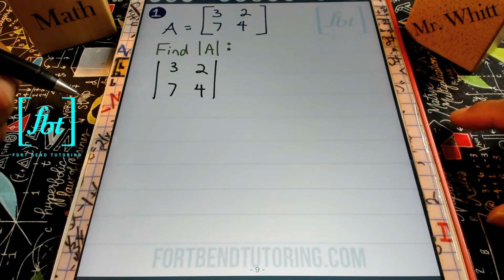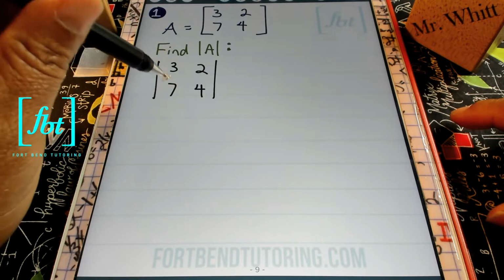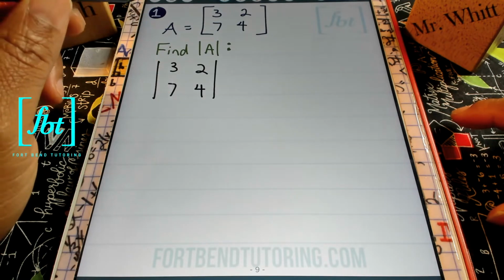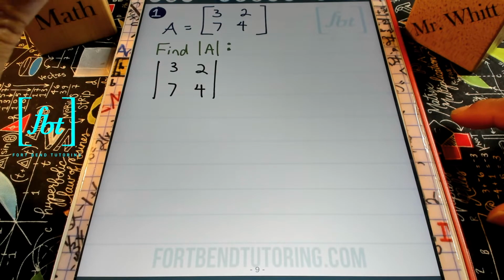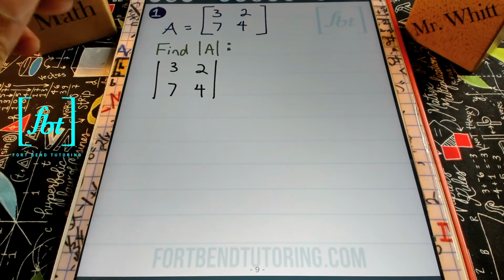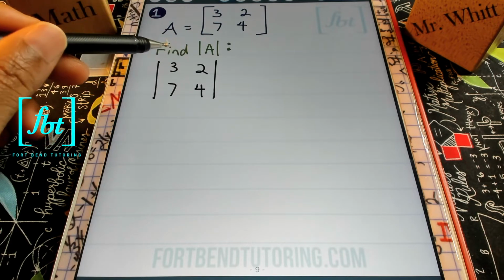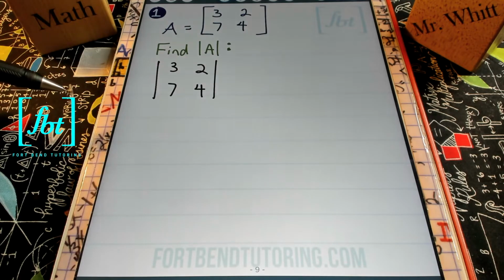So what I'm going to do is create either a triangular matrix with zeros on the bottom, or a triangular matrix with zeros above the main diagonal. Or I can make a diagonal matrix with zeros above and beneath the main diagonal so that I can simply multiply the values in the main diagonal and not have to worry about anything else.